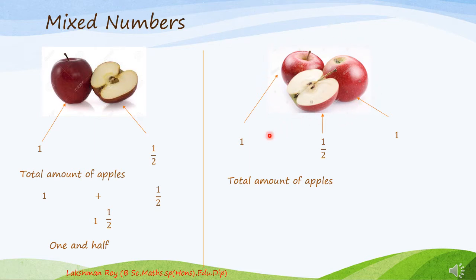You have to add this one, this one and also this fraction. 1 plus 1 gives 2, then you add this half. So 2 plus half, you can write without the addition as 2 and a half. This is how to read it, 2 and a half. Those are mixed numbers.